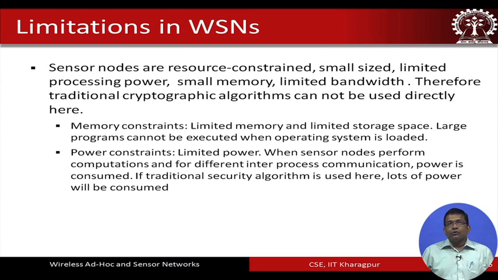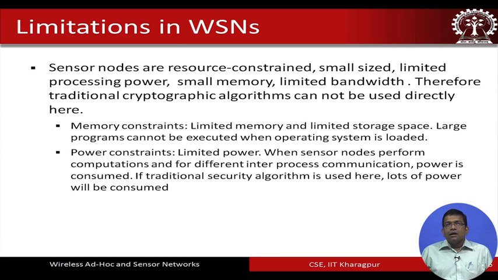Now, as I said before, wireless sensor networks have a lot of limitations with respect to memory, energy, etc. First of all, in a typical sensor node, we are talking about memory which is just a few kilobytes, and as you can understand, buffering becomes very difficult.